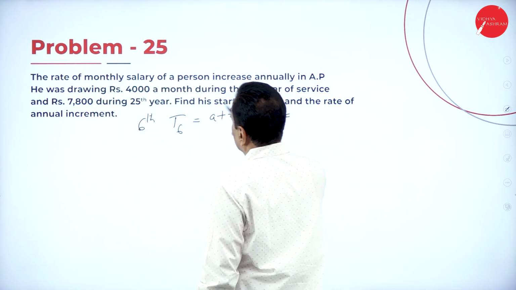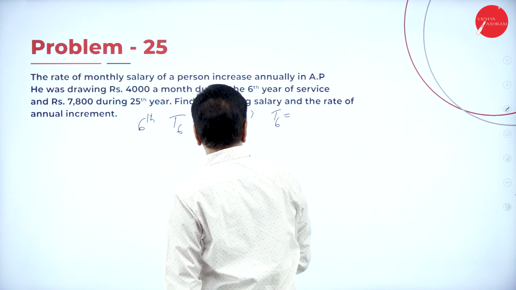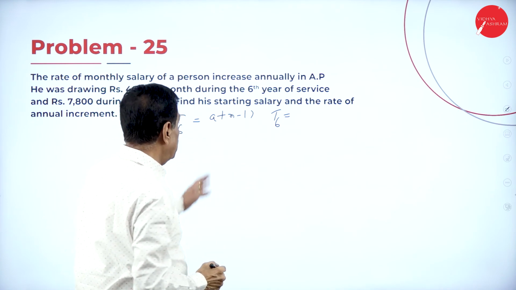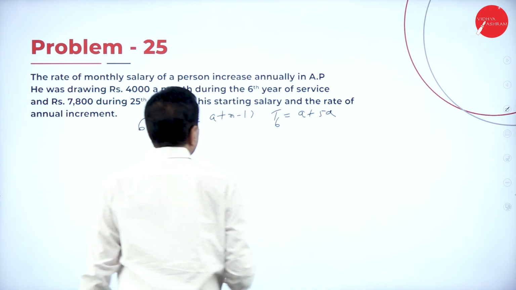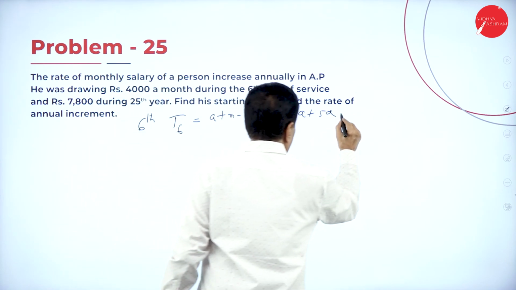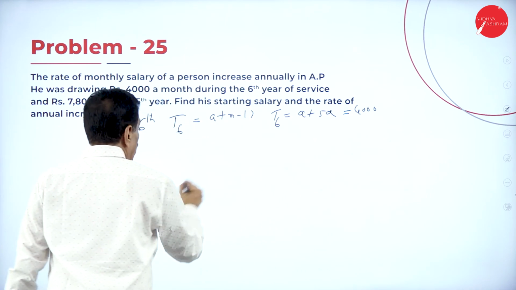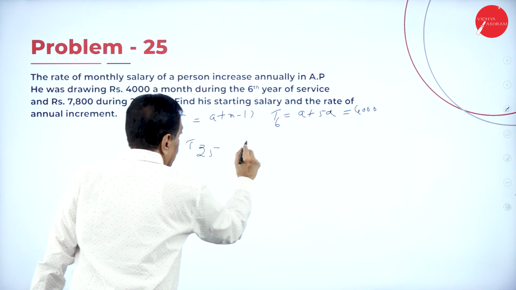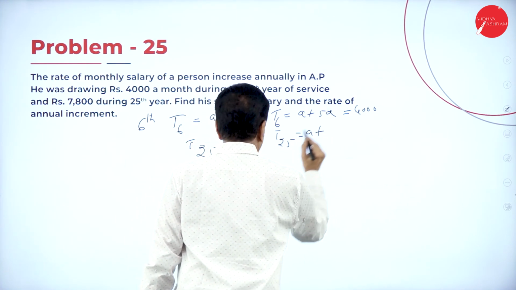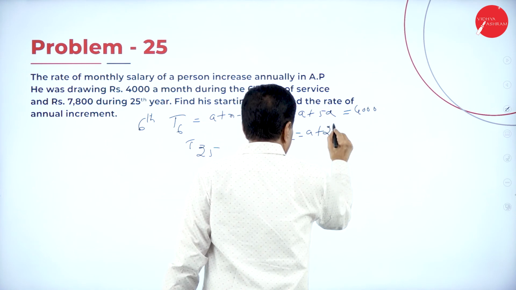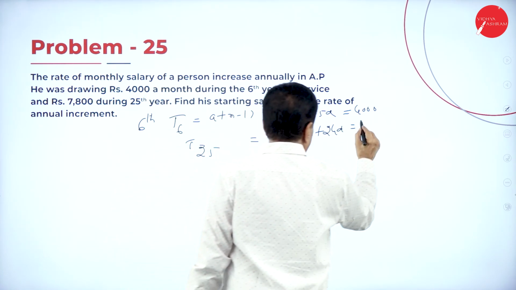T6 is equal to how much? 4,000. T6 is equal to a plus n minus 1 into d, which is a plus 5d, equal to 4,000. Then T25 is a plus 24d, equal to 7,800.